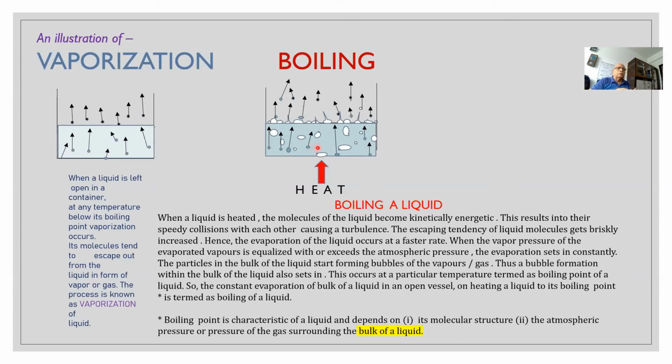And not only this, at a certain stage, at a particular temperature, there is a turbulence in the liquid. Turbulence means disturbance. All molecules get disturbed, they start moving faster, and their escaping tendency becomes more.